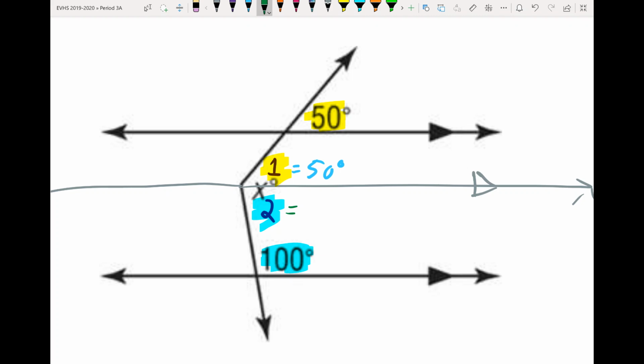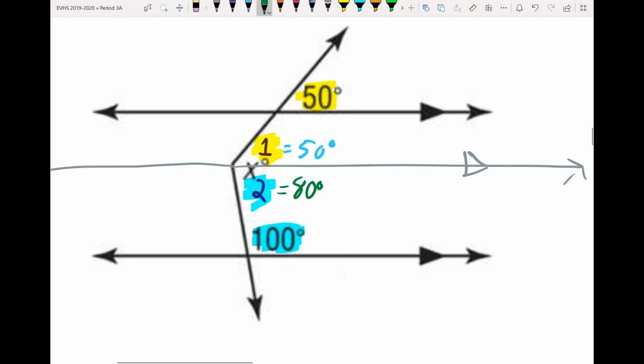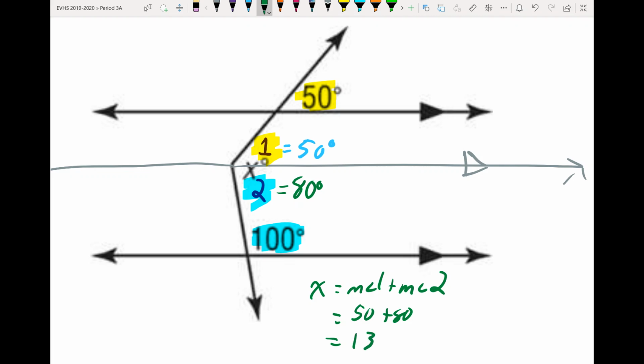They're consecutive interiors, right? And so consecutive interiors are not congruent, they're supplementary. Therefore, this one has to be 80 degrees, and x is equal to the measure of angle 1 plus the measure of angle 2, which is 50 plus 80, which is 130 degrees.